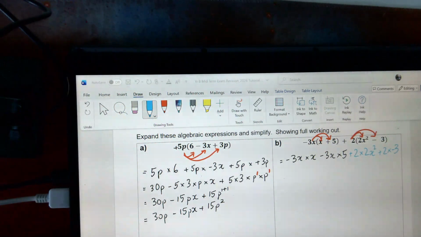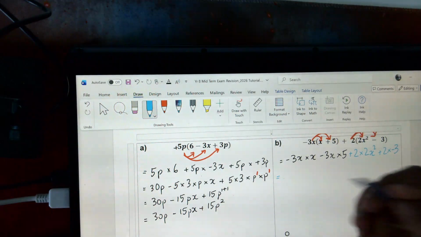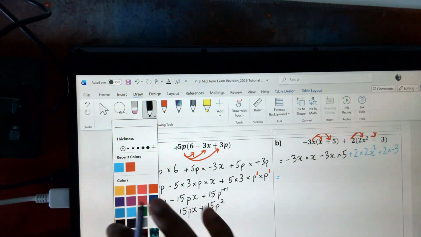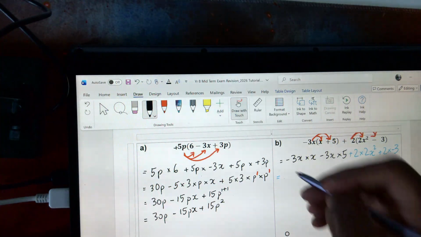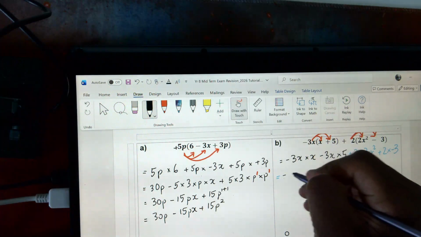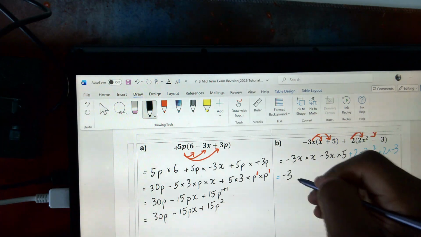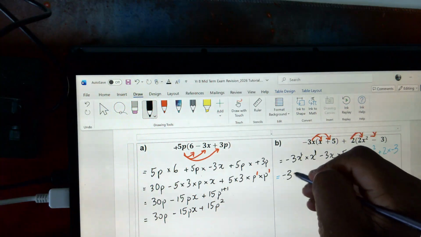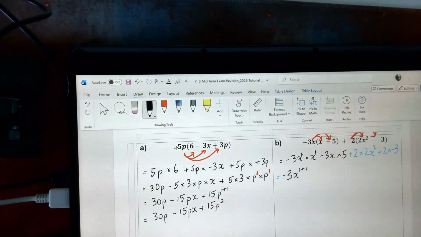Alright, apologies, we're back. Alright, let's simplify this. I'm going to first of all put here negative 3. I know x has a power of 1, x has a power of 1, so this is going to be x to the 1 plus 1.